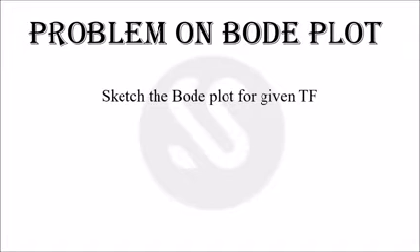The phase or angle will be in degrees. The x-axis, or horizontal line, will be frequency, and the y-axis, or vertical line, will be in decibels for the magnitude plot, and in degrees for the phase plot.